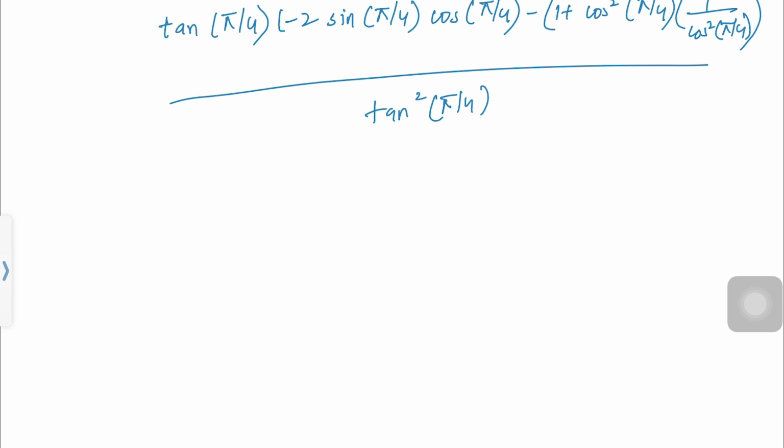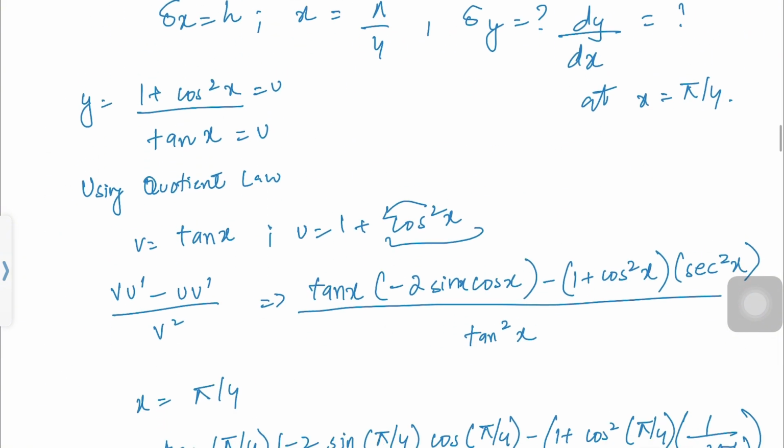So we'll get our answer, and this is equals to small change in y over small change in x. Small change in x was calculated by this. X was pi by 4, and then it changed to pi by 4 plus h. So subtracting both these, we will get this as h.